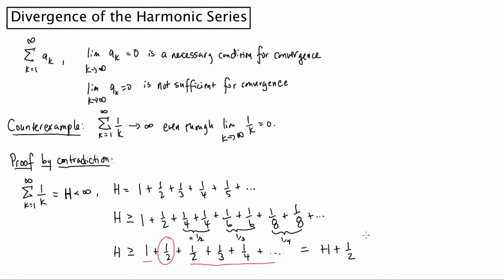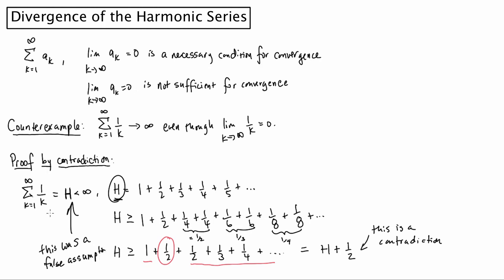So this is a contradiction. This doesn't make sense. And the reason that this doesn't make sense is I started from the assumption that this value, h, existed. So I have to go back and say that this was a false assumption.